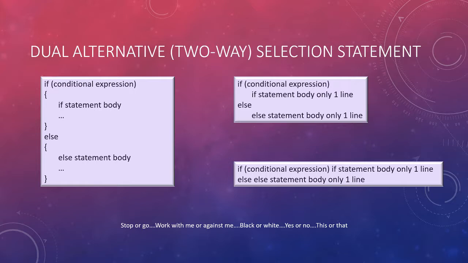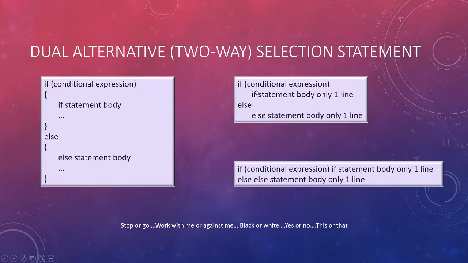And how does the else statement get chosen to be executed? By the if statement resulting in a false condition. So if my if statement results in a true condition, my if statement body is going to get executed. Otherwise, my else statement body is going to get executed.